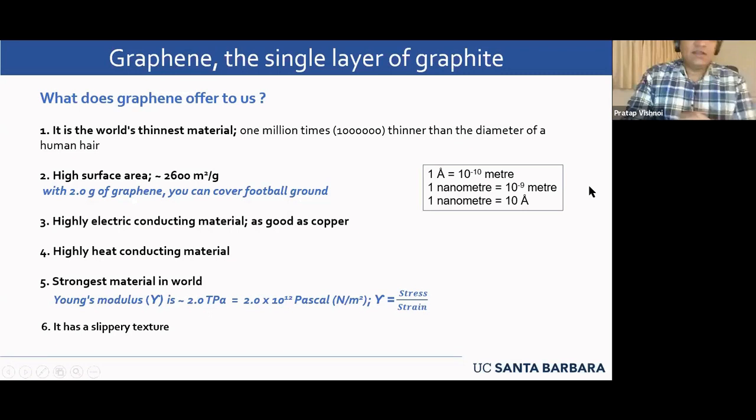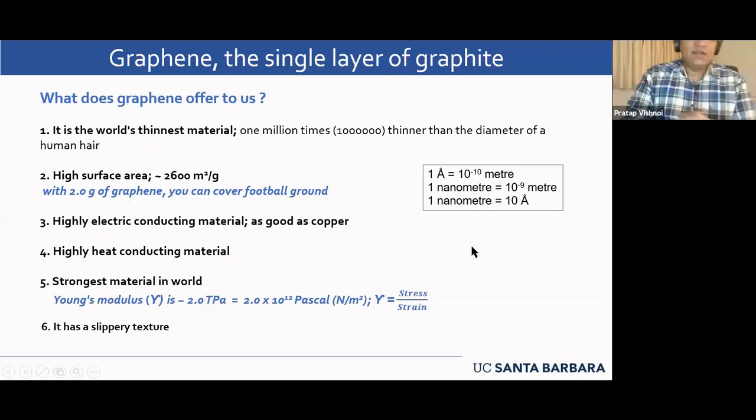Those who are not very familiar with nanoscience can see this dimension. What is 1 angstrom? It is 10 to the minus 10 meters, and 1 nanometer is equal to 10 angstrom. So this is the regime where the entire nanoscience works.